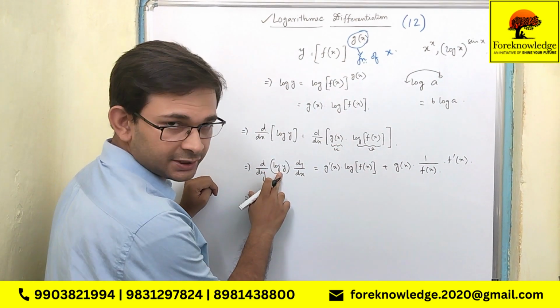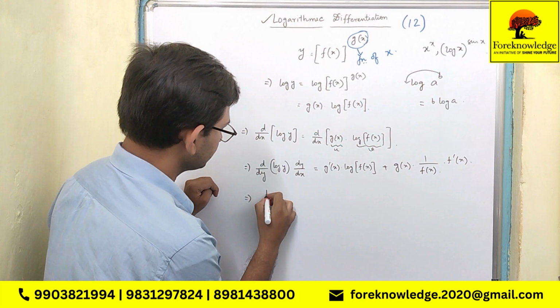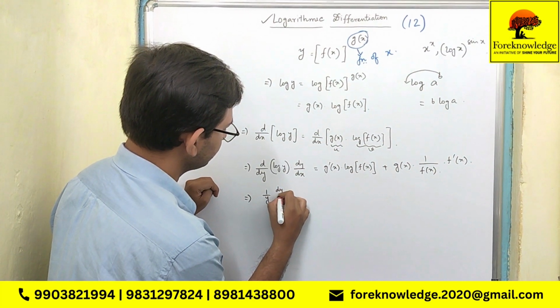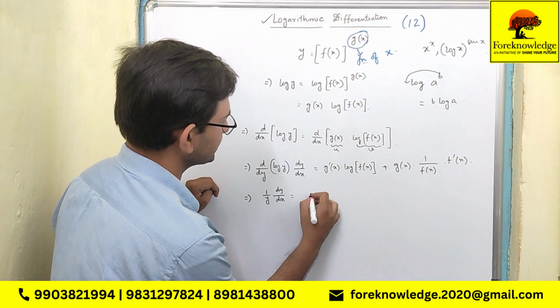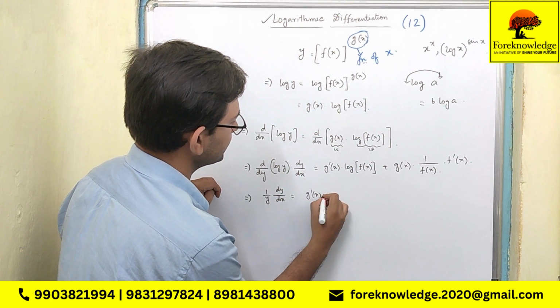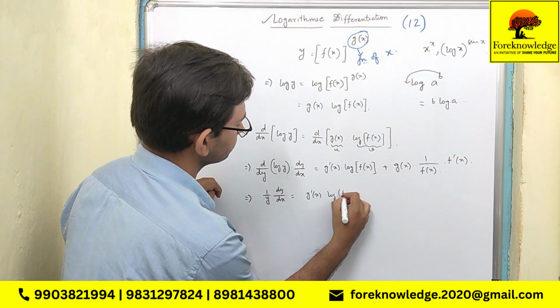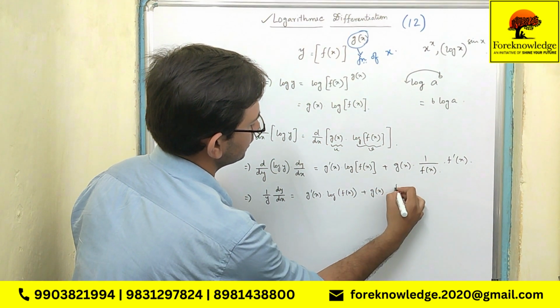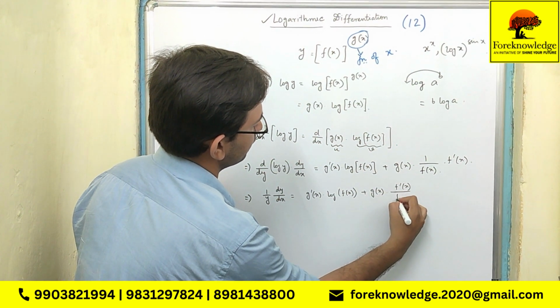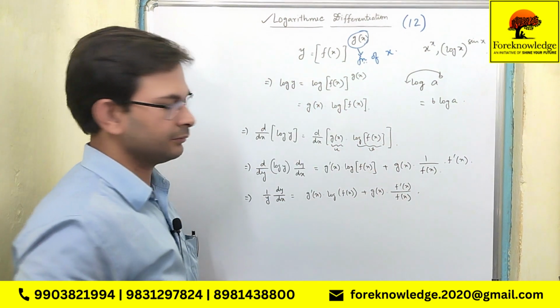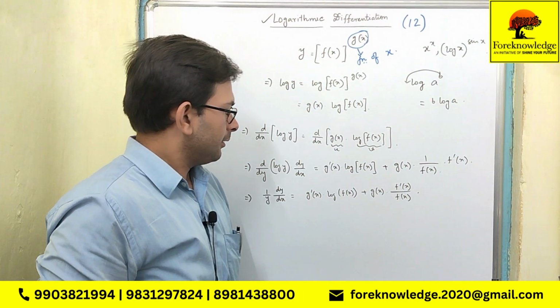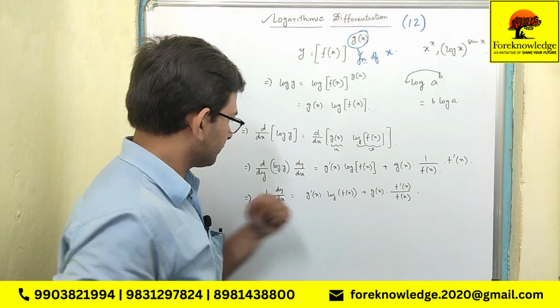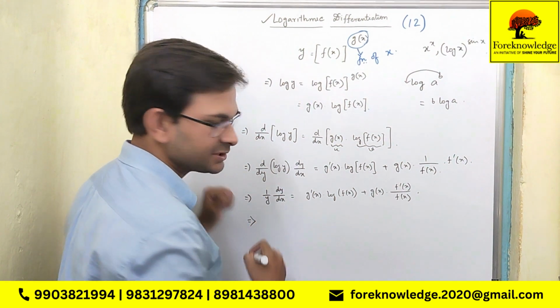So what is d/dy of log y? We are differentiating log y with respect to y, so this is nothing but 1 by y into dy/dx, equal to g dash x into log f(x) plus g(x) into f dash x by f(x). This is the penultimate step.